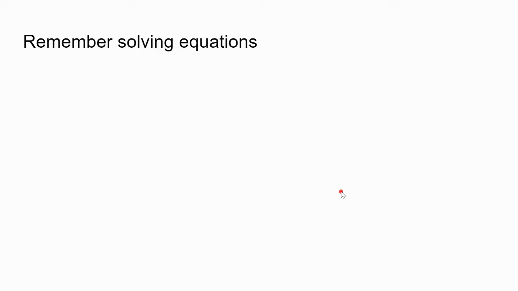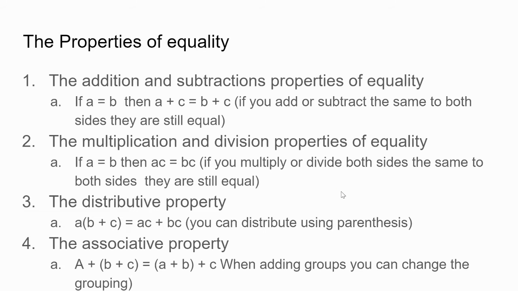So let's go back and remember from just before winter break, solving equations. We have the properties of equality. If something's equal, and I add or subtract the same thing to both sides, it's still equal. Multiplication and division is the same thing. If two things are equal and I multiply or divide by the same number, they're still equal.